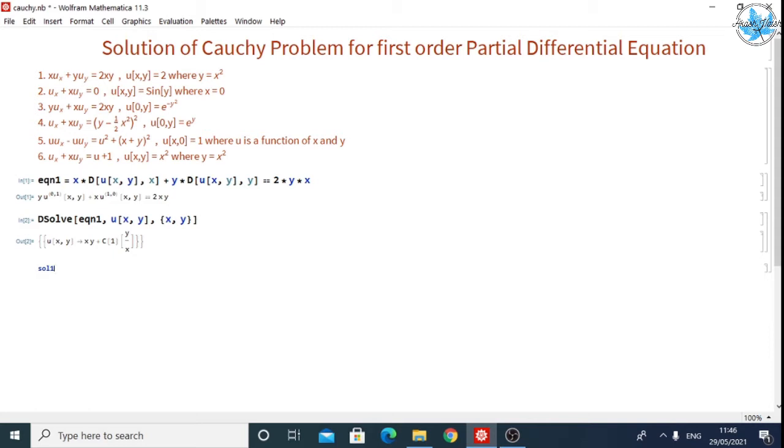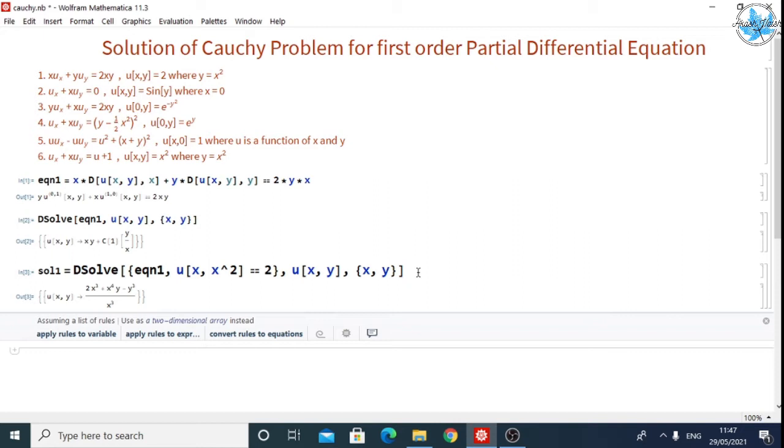I am denoting the solution by solve1. Solve1 equals DSolve within square bracket, within curly bracket eqn1 comma u of x comma x square, where my y is x square, double equals to 2, my condition, and then by separating comma, u of x comma y within x comma y. You can see my solution.